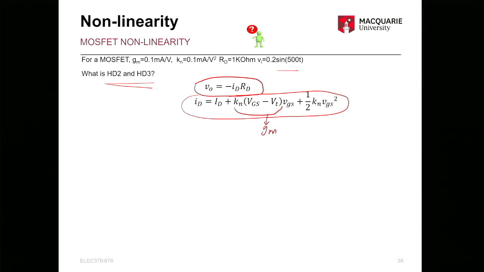Any answers? 0.05 or 5%? Is that what you got? 5%?